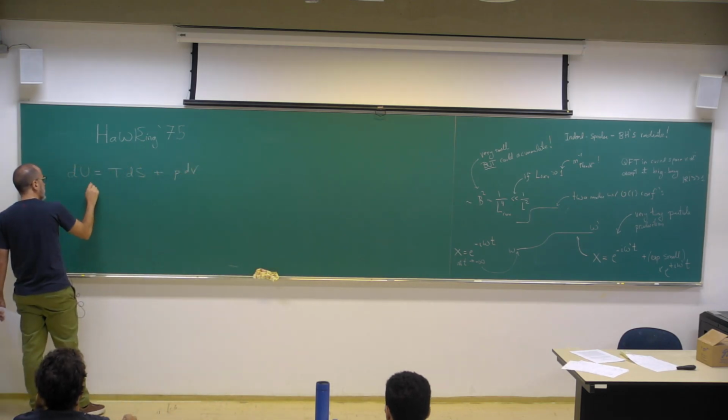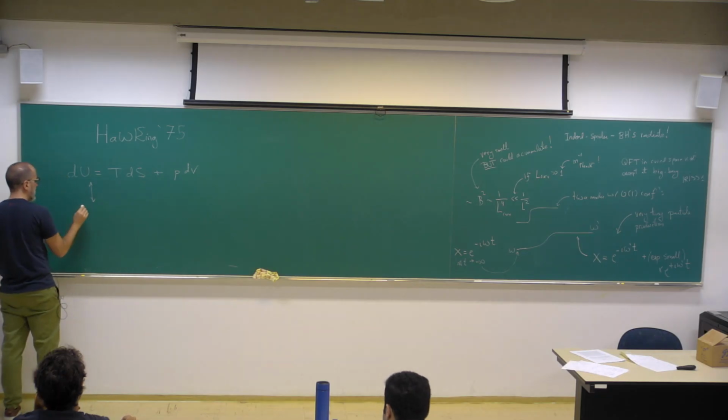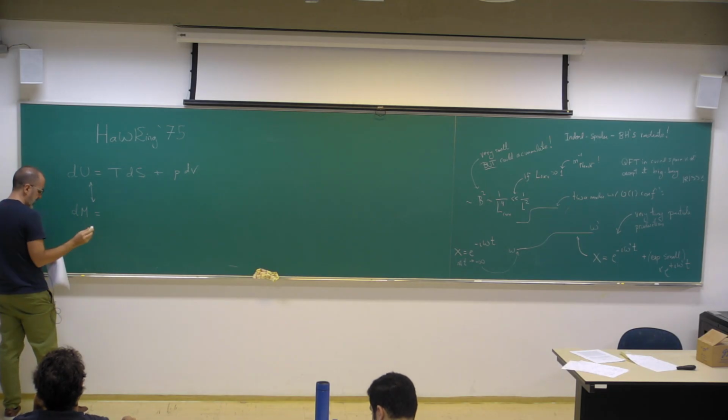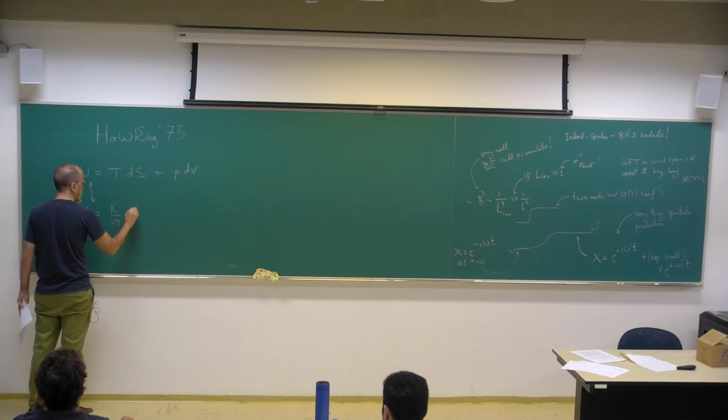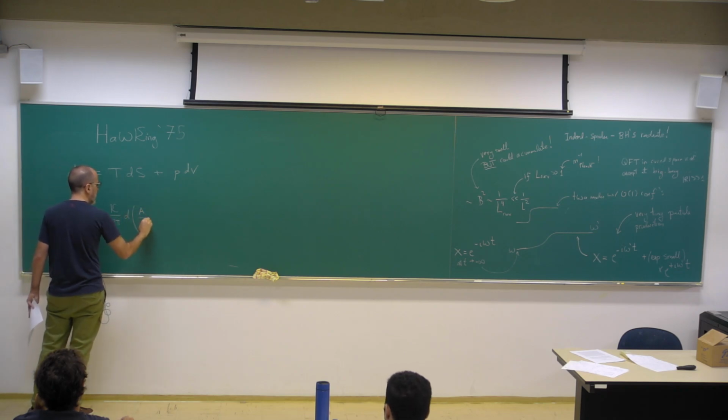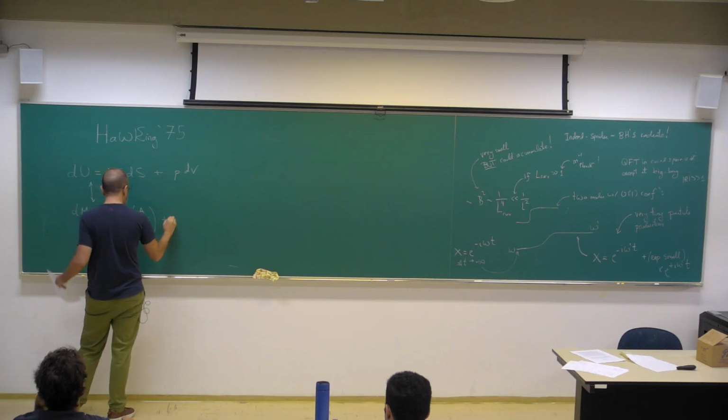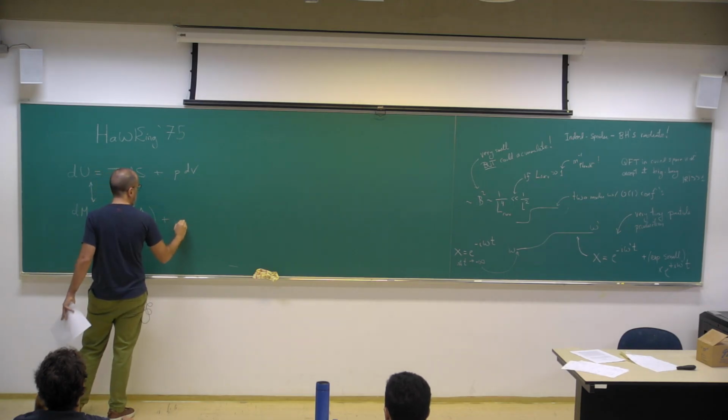And Bekenstein and others have noticed an analogy between this and the laws of black holes, that when I have a black hole, I get something like kappa over 2 pi d of area over 4, plus, if the black hole has angular momentum, omega dJ.